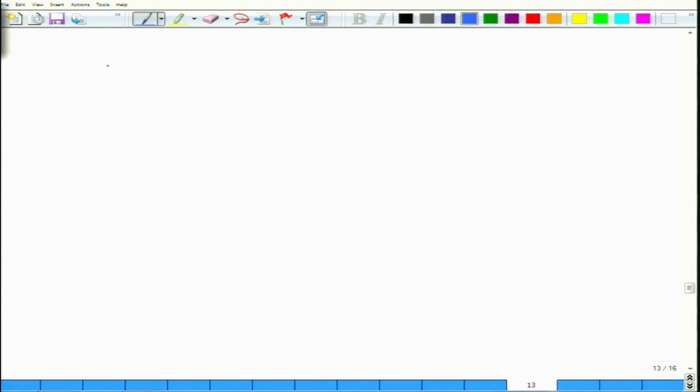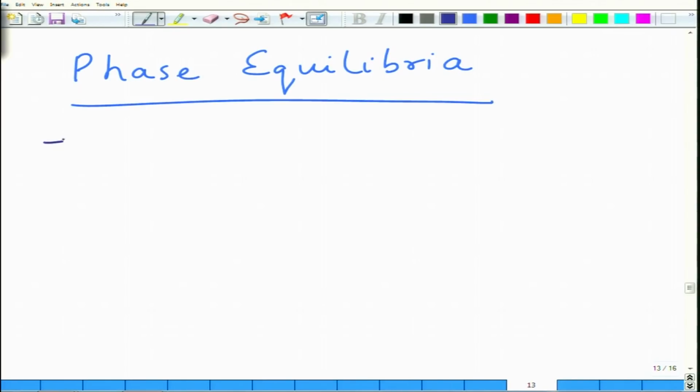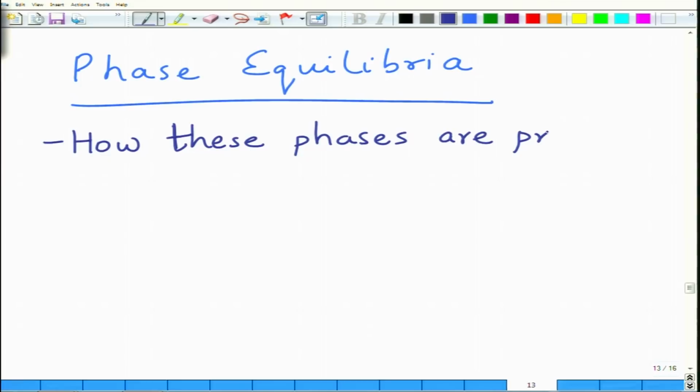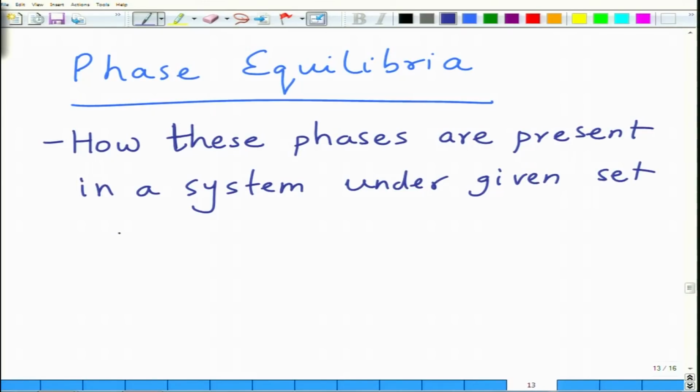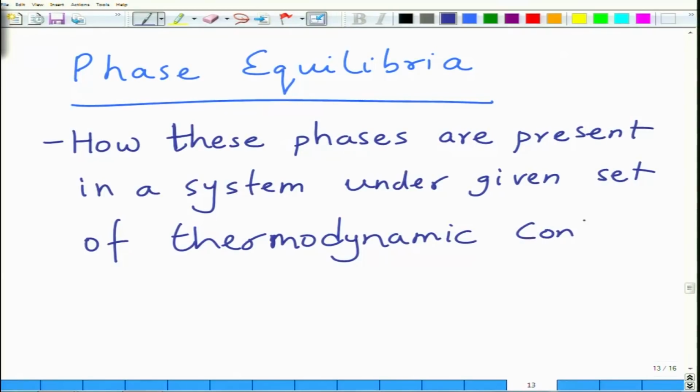So phase equilibrium implies essentially how phases are present in a system under a given set of conditions, which are typically temperature, pressure and composition as far as material science is concerned.